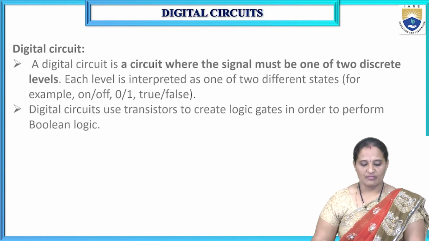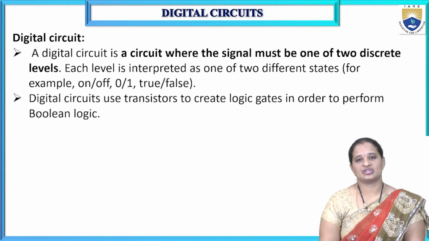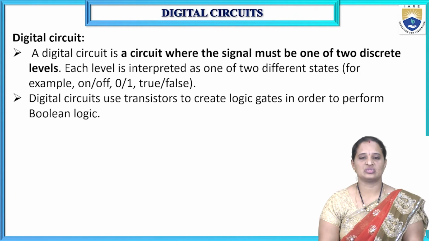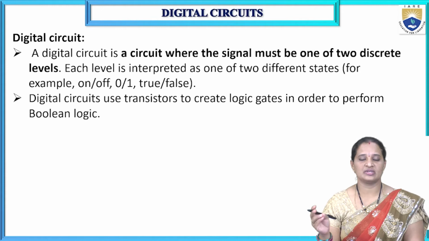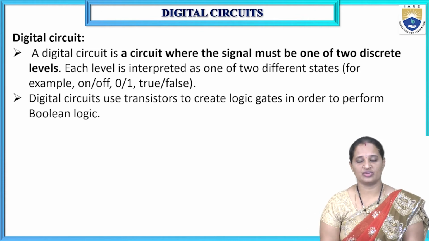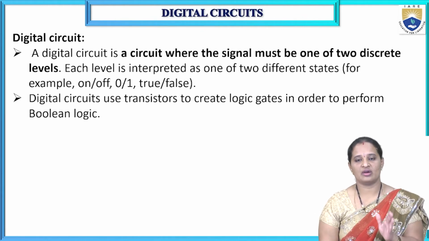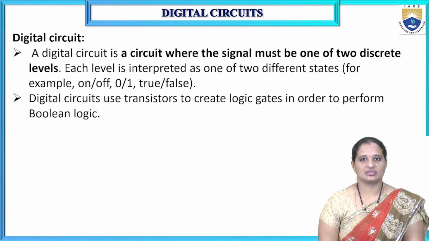Okay. Now coming to the digital circuit. What is a digital circuit? The thing that we are learning now, the number system, is a very basic thing that we need to know when we go for digital circuits.